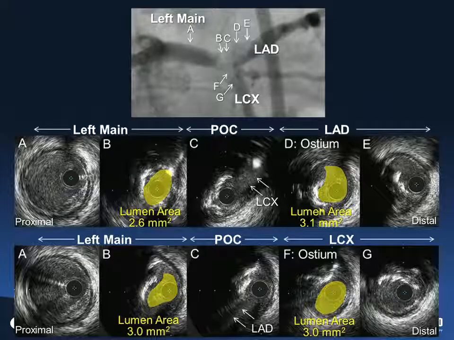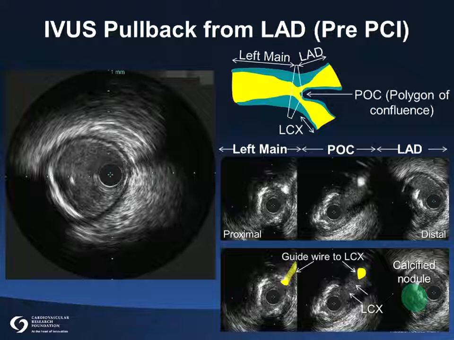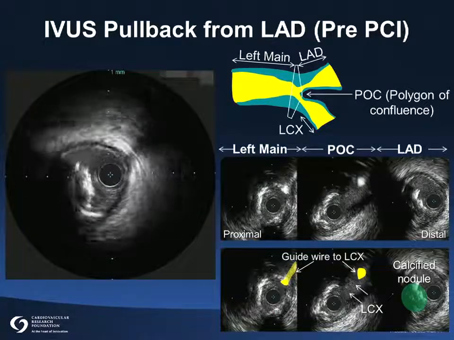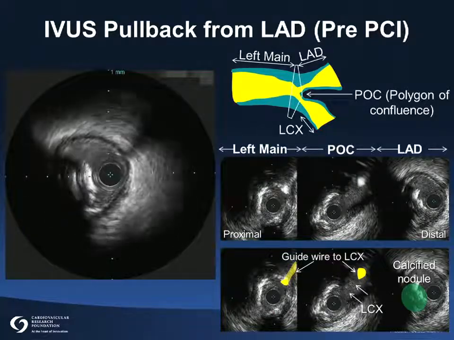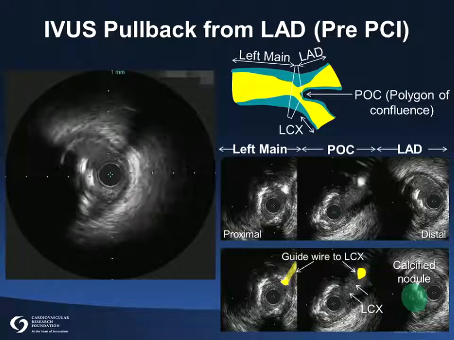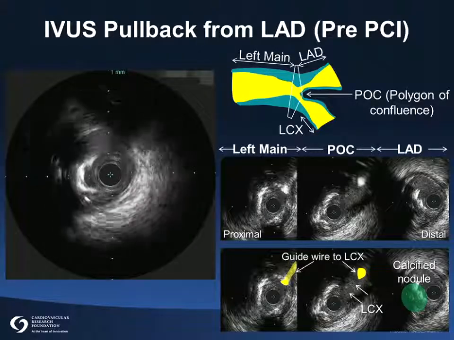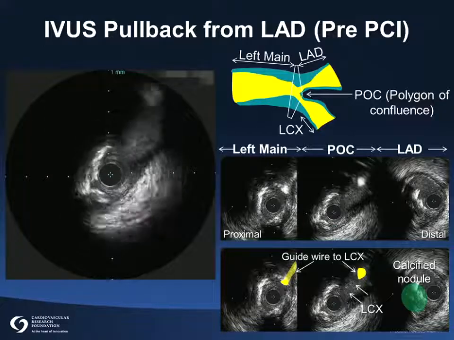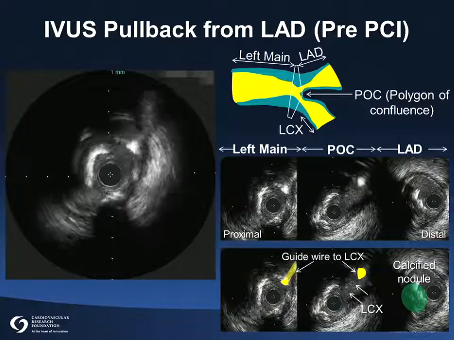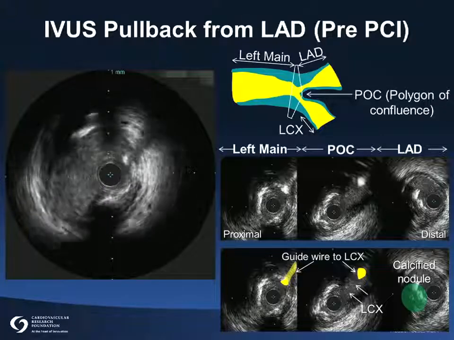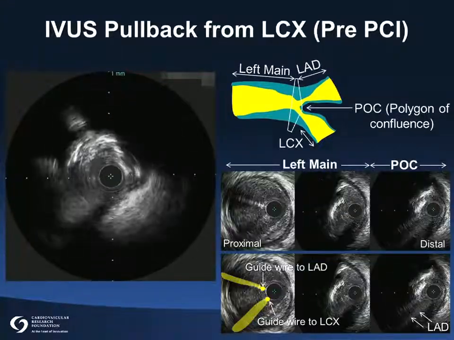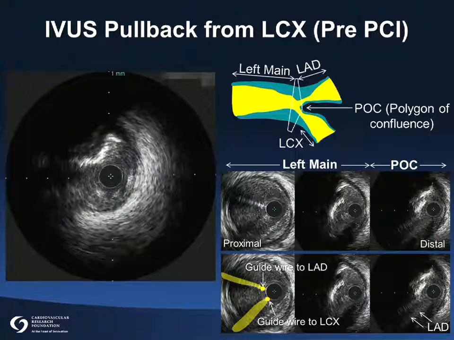The osteolumen area of the LAD measured 3.1 square millimeters in panel D, and the osteolumen area of the left circumflex measured 3 square millimeters in panel F. We now repeat the IVUS pullback from the LAD. We now repeat the IVUS pullback from the left circumflex.